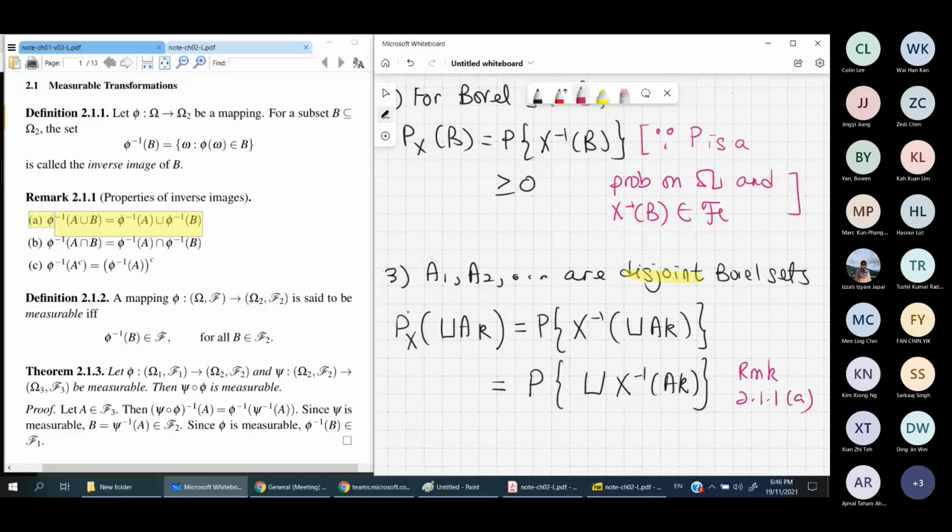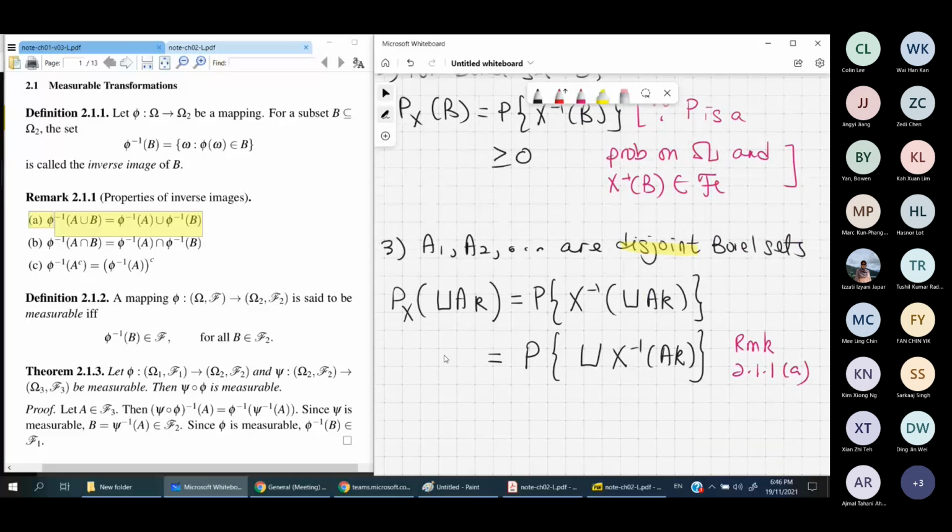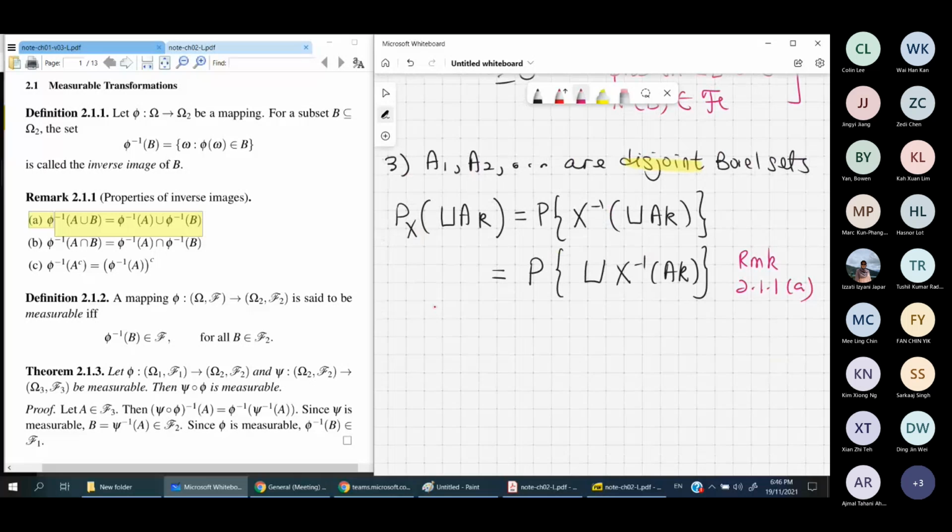Now, because all of these are disjoint, and we can see these are disjoint, note that this is also disjoint.